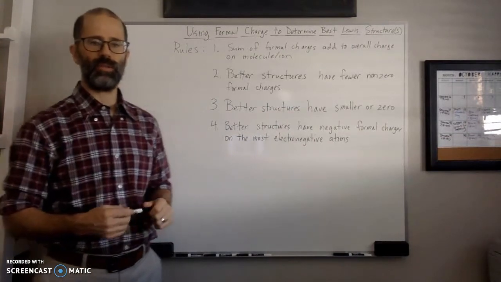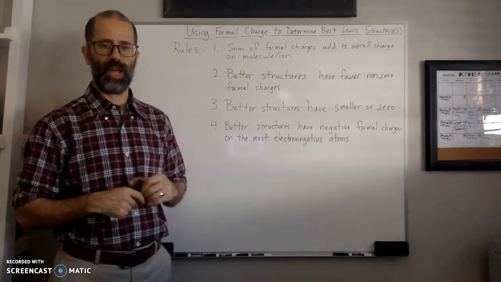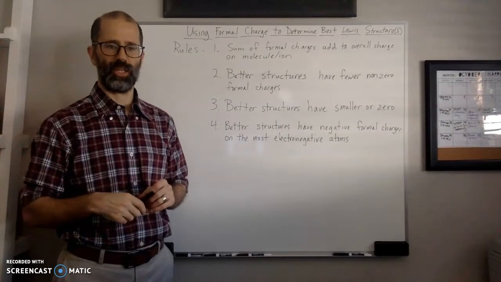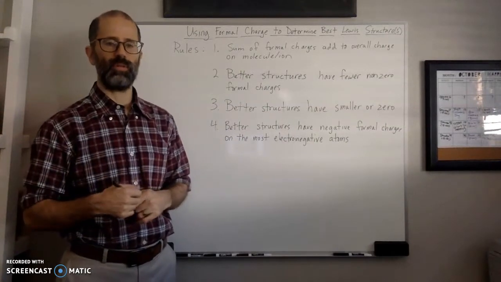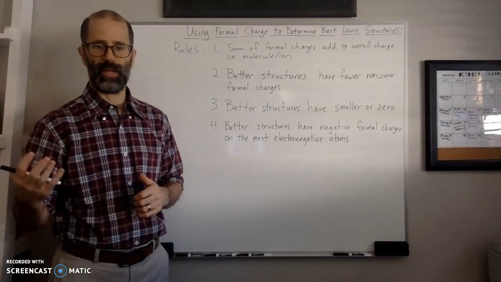Okay, so again, if you're comparing two structures, and let's say, for example, you've got oxygen and another element, let's say nitrogen. Oxygen is more electronegative than nitrogen.